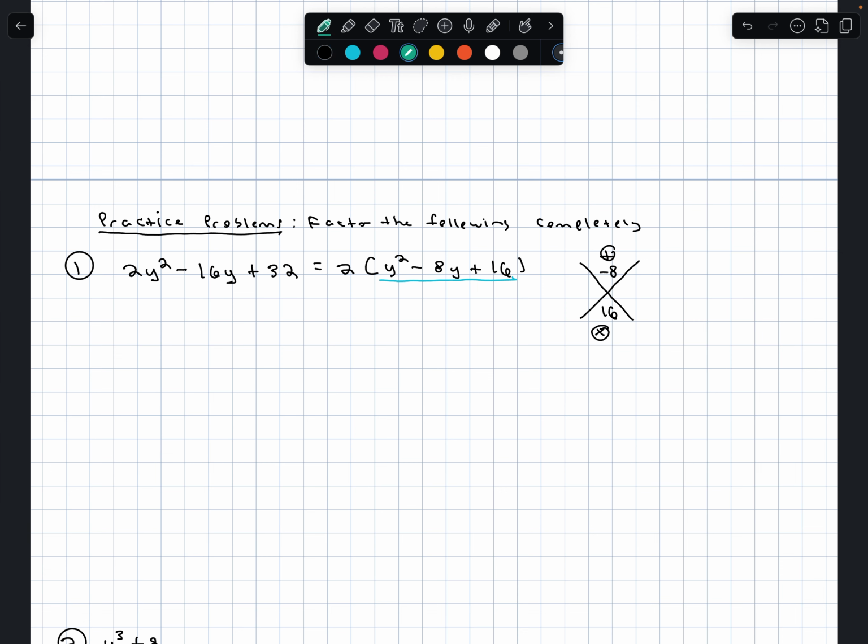And the answer to that is negative 4 and negative 4. So this is the same thing as 2 times y plus negative 4 times y plus negative 4, which is just 2 times y minus 4 squared.